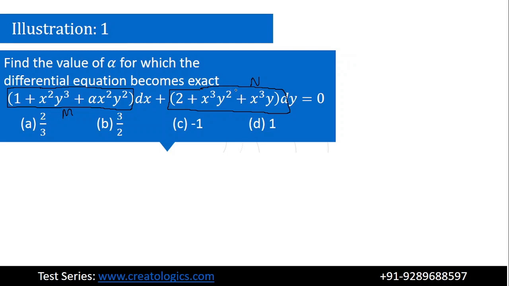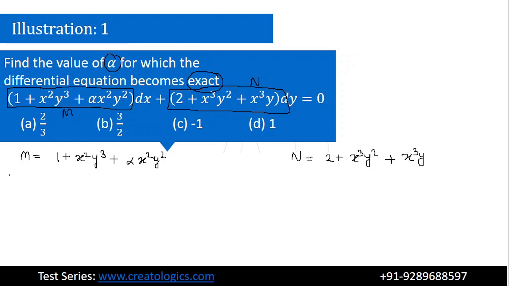If these two become equal, we say the differential equation will be exact. Here it is already given that the differential equation is exact. You need to find the value of alpha for that. Say M is equal to 1 plus x squared y cubed plus alpha times x squared y squared, and also N is equal to 2 plus x cubed y squared plus x cubed y.